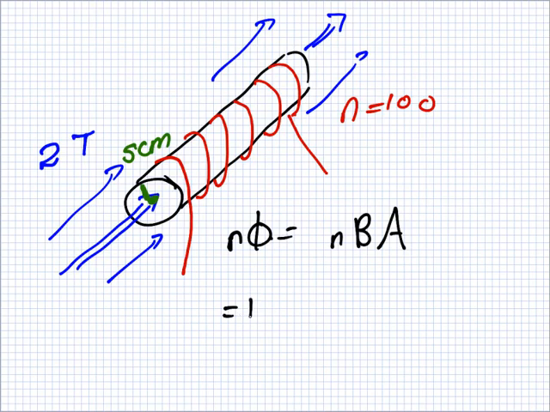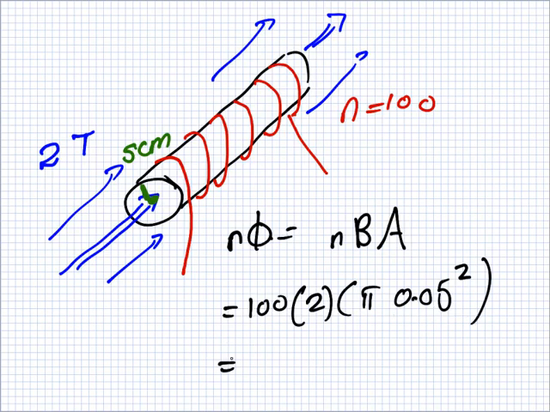Now the N is 100, the B is 2, and the area is pi r squared. Pi over 2, 1.57 Webers.